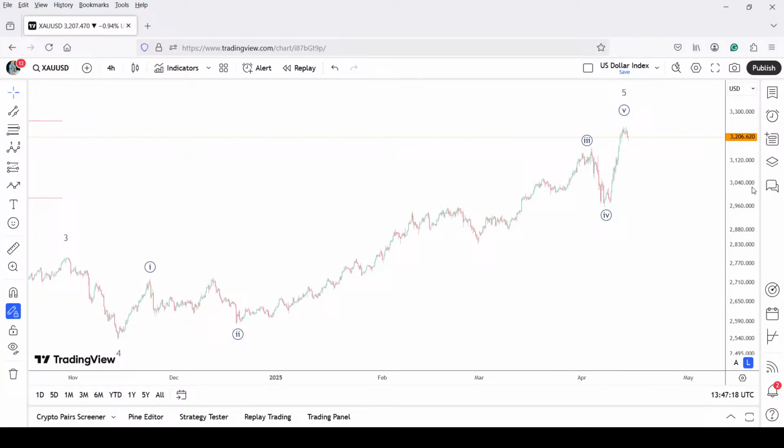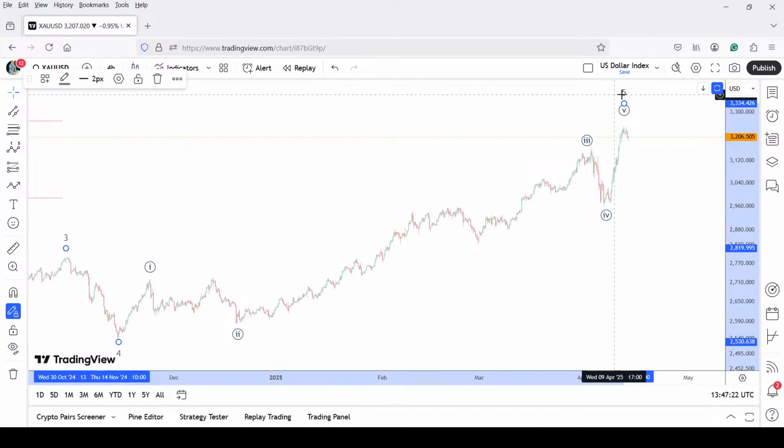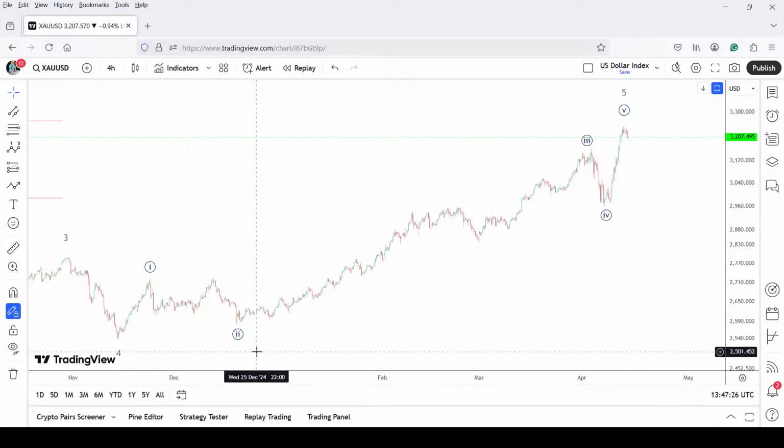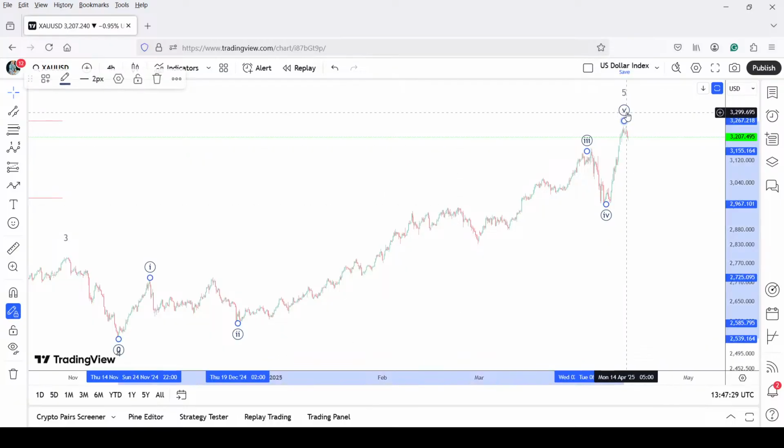When we say 3 different degrees, it's at the minor, which is 3, 4, and 5; the minute, which is circled here as Roman; and the third degree is not mentioned here, but it is the minute degree, which is again wave 1, 2, 3, possible wave 4, and maybe one more high left to terminate that.